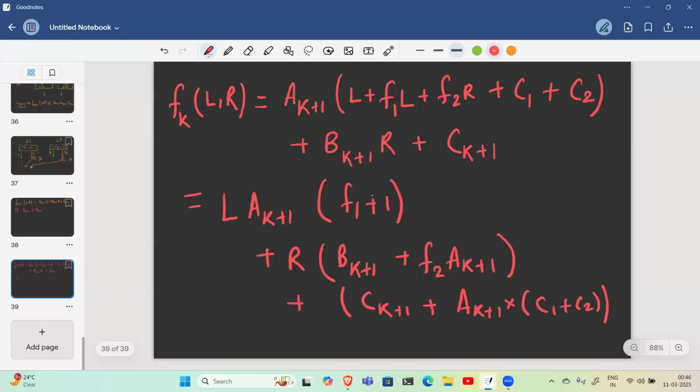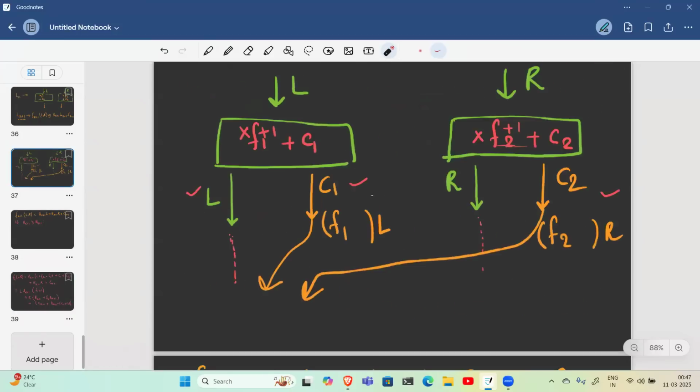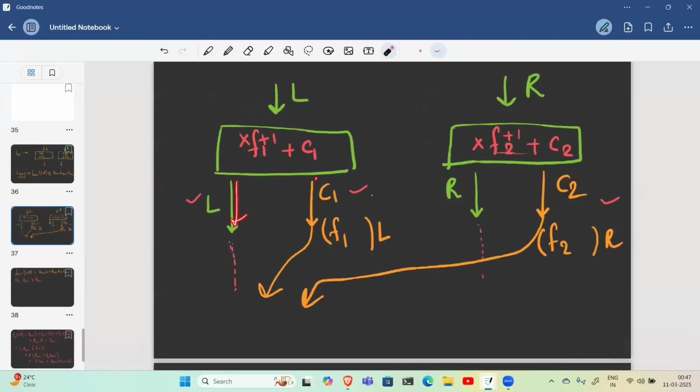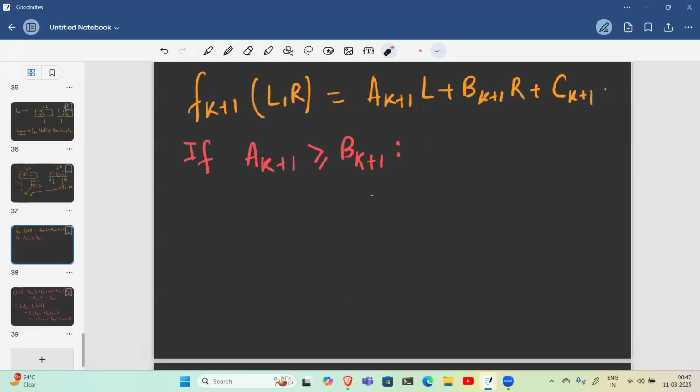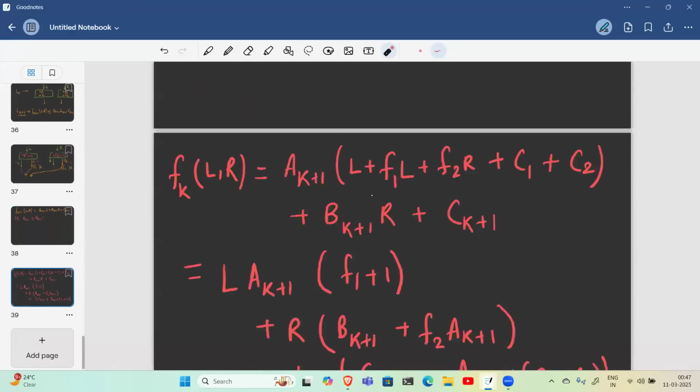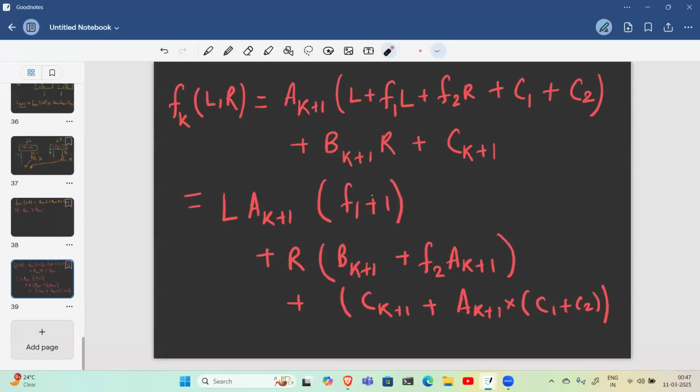Note that what we did, we tried to compute an expression for f_k(L, R) in terms of f_{k+1}(L, R). How did I do that? First of all, I simply counted how many people come out. And then, since a_{k+1} is greater than or equal to b_{k+1}, everyone has to pass through the left lane. And I already know the function f_{k+1}, so I put it into f_{k+1}.